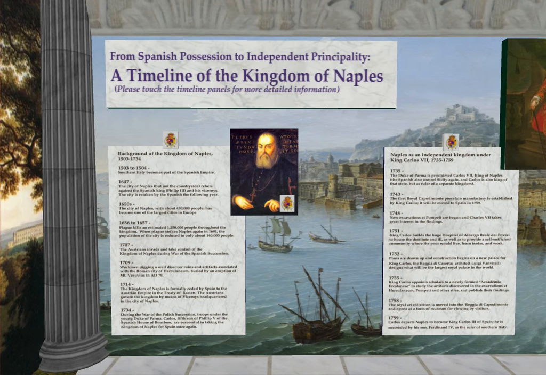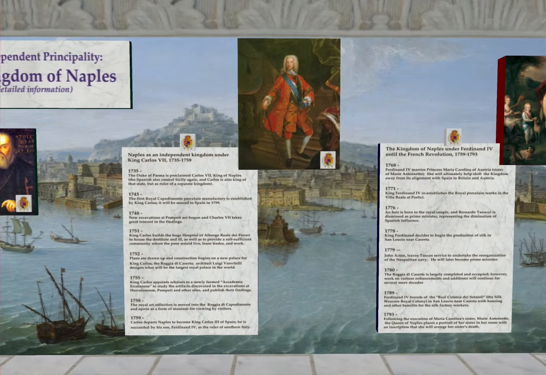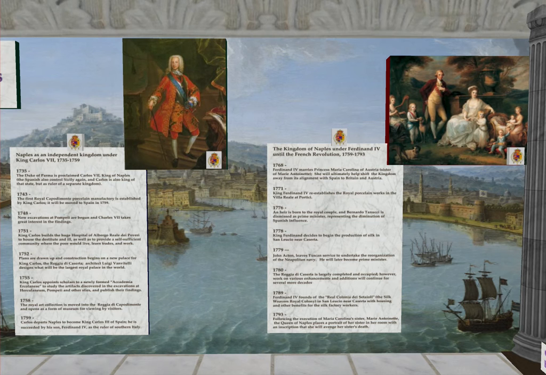It tells you about the politics, the rulers, and a number of the other important features of the kingdom. And as you can see, it's superimposed on a lovely painting of Naples in the late 18th century as seen from the Bay of Naples.